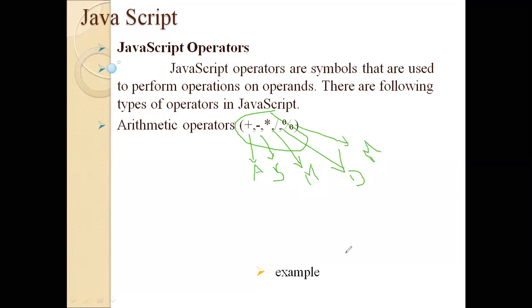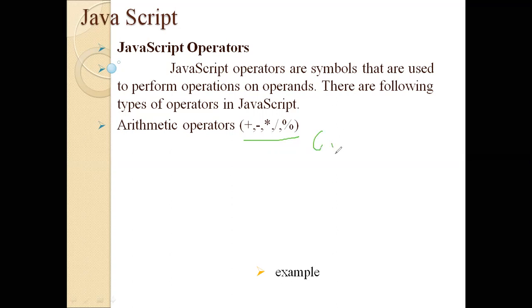Let us use these symbols to write a program in JavaScript and see how they behave. We have already seen these things in C, C++, Python, and Java also. The same things are going to be repeated here.